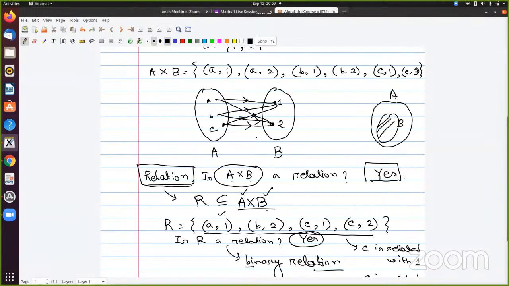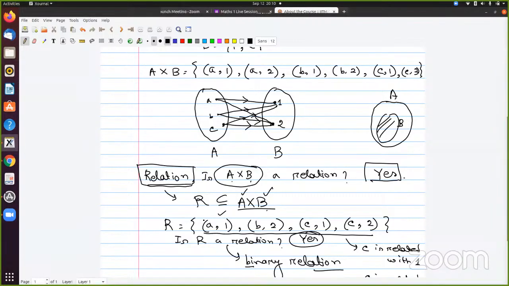Yes, sir. Let her answer this. Sir, some elements are not in that. Why? Which element is not inside A cross B? I am saying elements of R should be inside A cross B. So are all the elements of R inside A cross B?